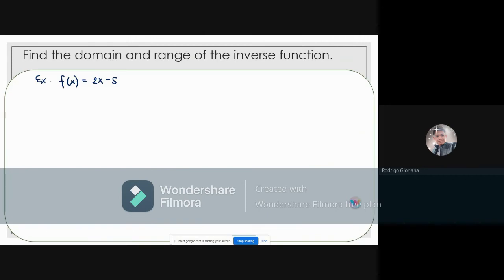So to get the inverse of the given function, let us translate f of x equal to y, then 2x minus 5. And then, what's next? Let us interchange x and y.